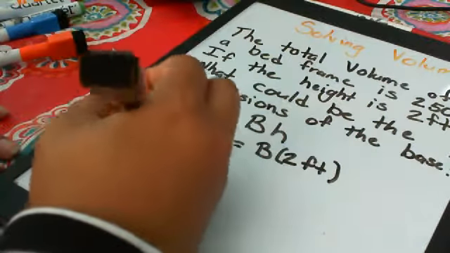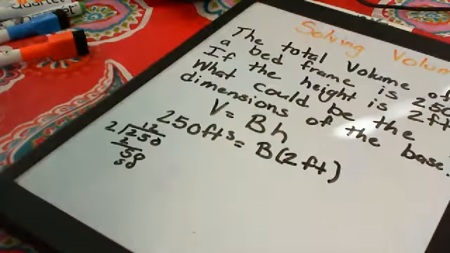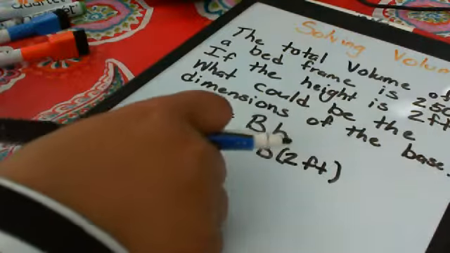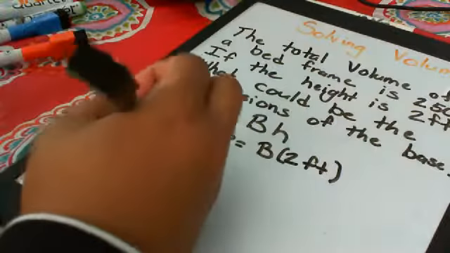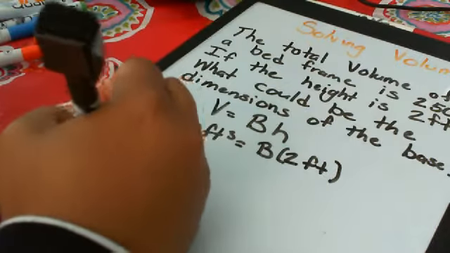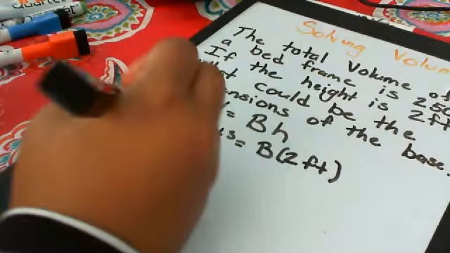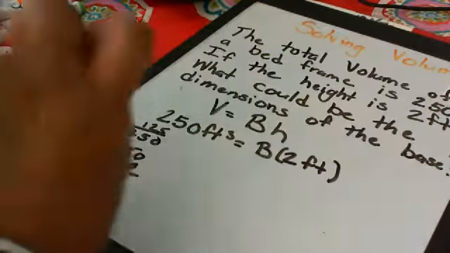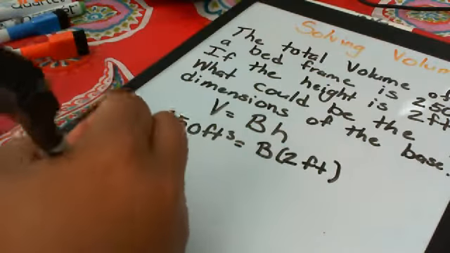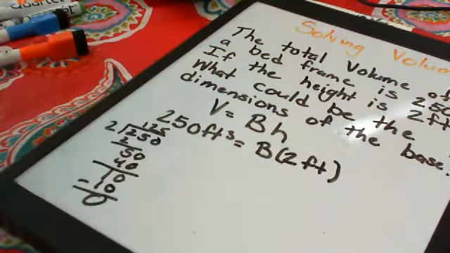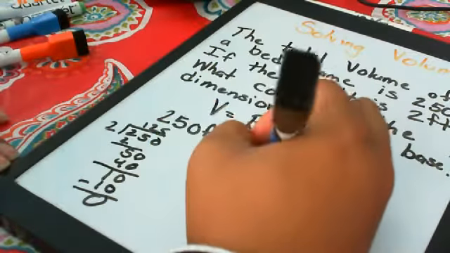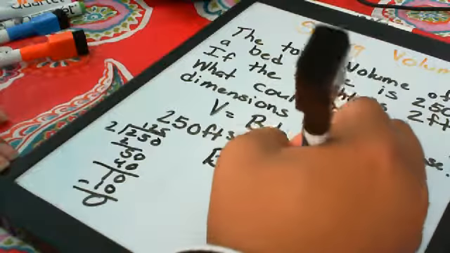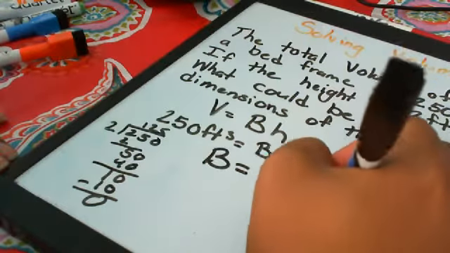And that's 50. And 2 goes into 10 5 times. Subtract 10 gives me 0. So, I know that my base equals 125 feet squared.